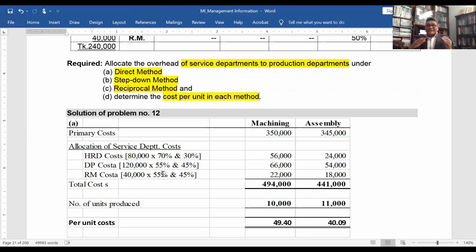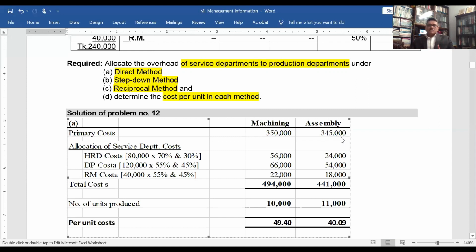So the HRD cost is directly divided into two parts, 70 and 30. So it goes to the direct production departments, 56,000 and 24,000. And data processing, 1,20,000, as per the question, is 55% for machining, 45% for assembly. Risk management cost 40,000 is 55% and 45%, which is 22,000 and 18,000 respectively.